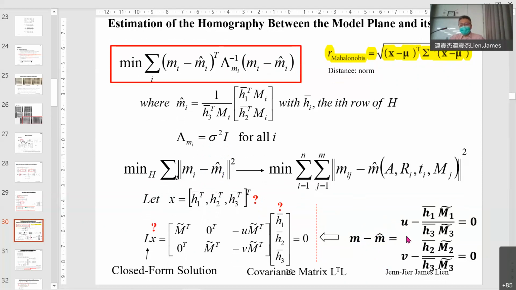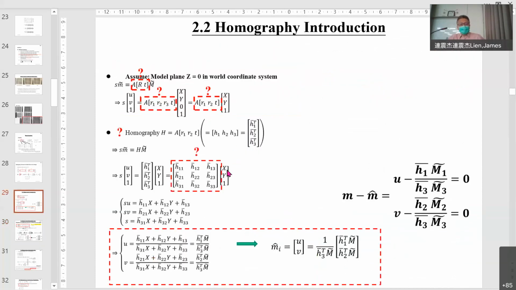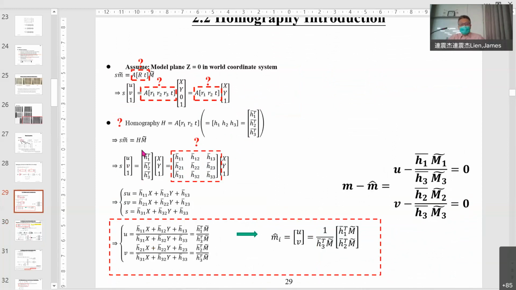And this norm is UV. And this term, the estimation, is from 3D. This one is the previous one, right? It's this one. H is what you want to solve. So this is a homogeneous term and becomes an equation. Okay. So with this homogeneous term, we try to solve U and V, so it becomes this term.